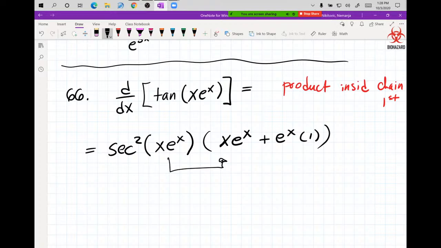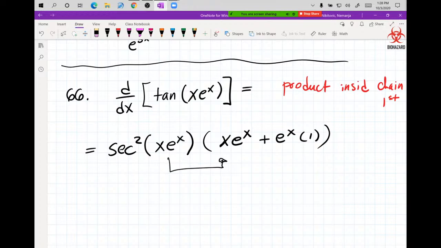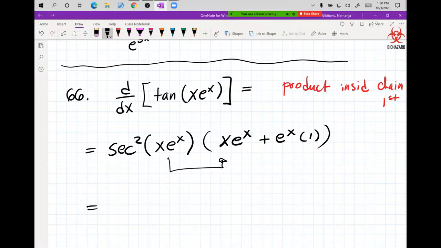So you did your chain rule. This is all chain rule. But the mess inside was actually the product rule, so that's why we have a product rule inside the parentheses there. So this is going to be, we factor out e to the x, then you have your x plus 1, then you have your secant squared of xe to the x.